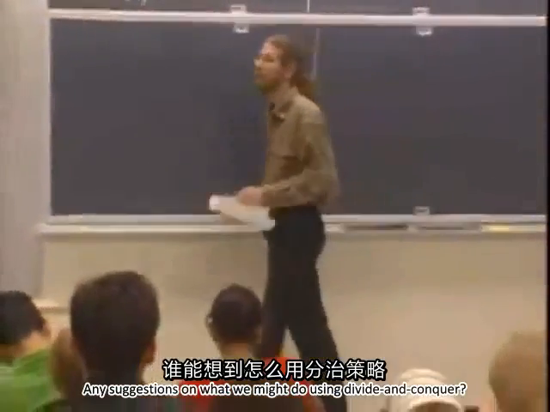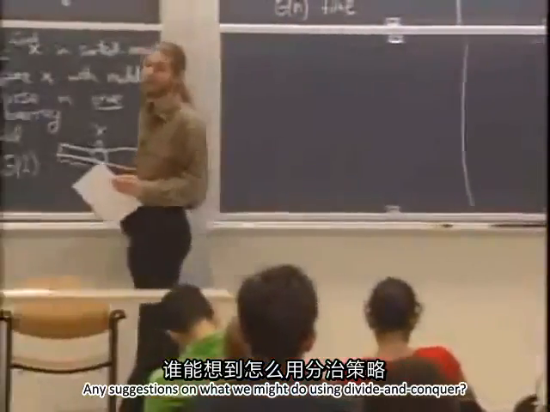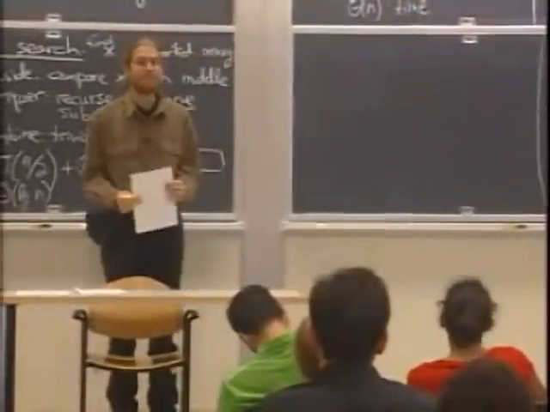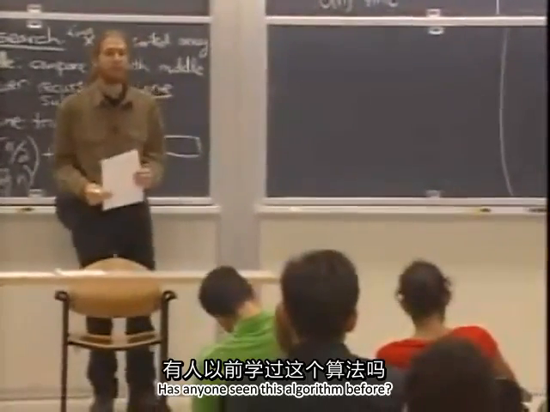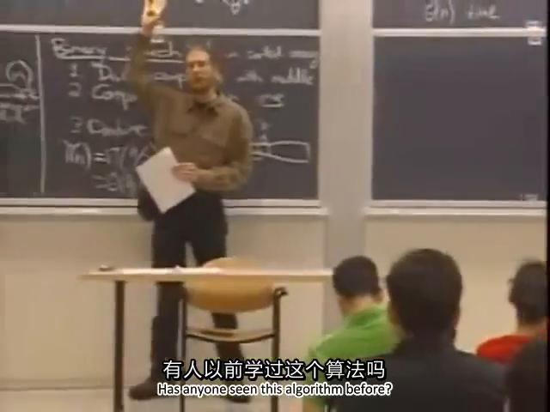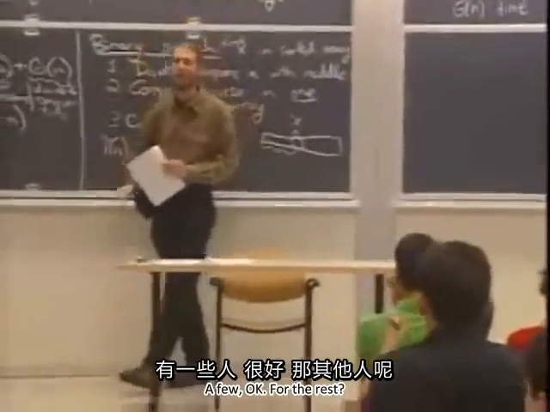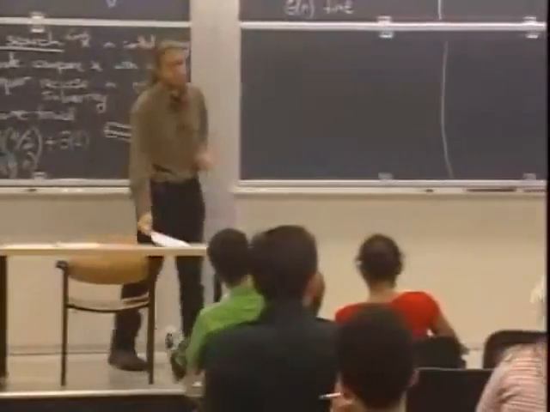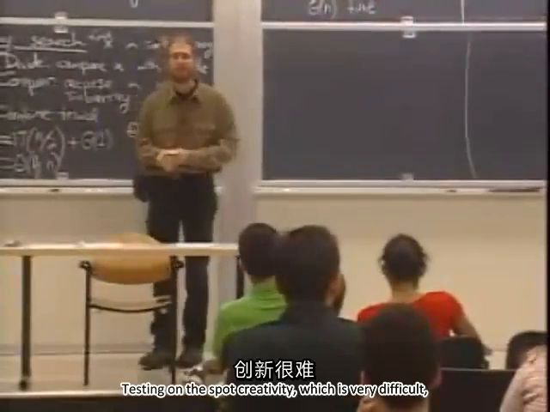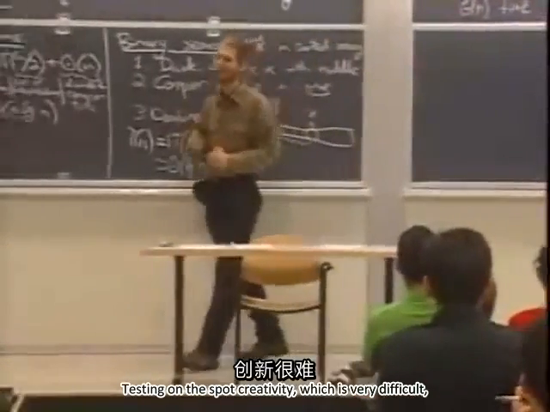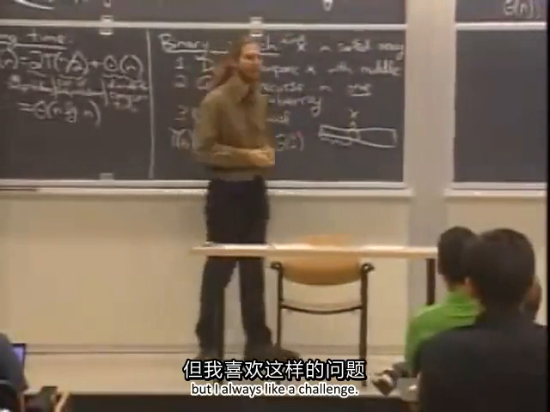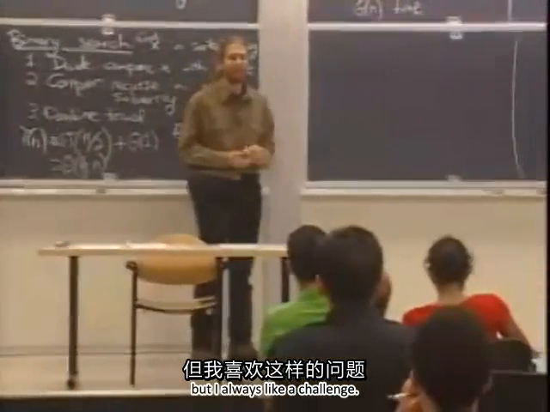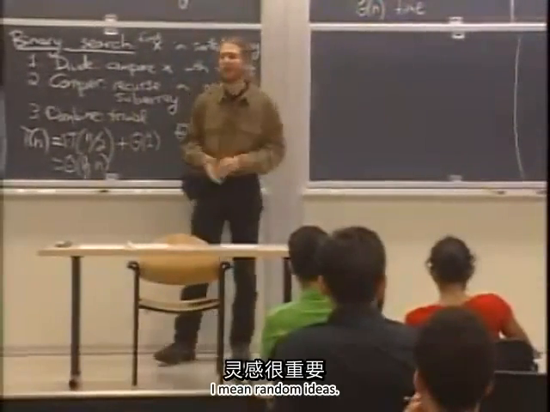Any suggestions on what we might do using divide and conquer? Has anyone seen this algorithm before? A few. Okay, so for the rest, testing on-the-spot creativity, which is very difficult, but I always like a challenge. So random ideas.